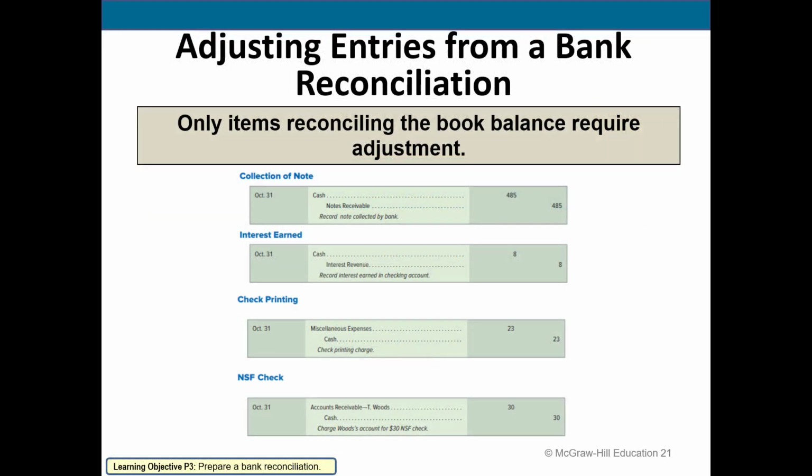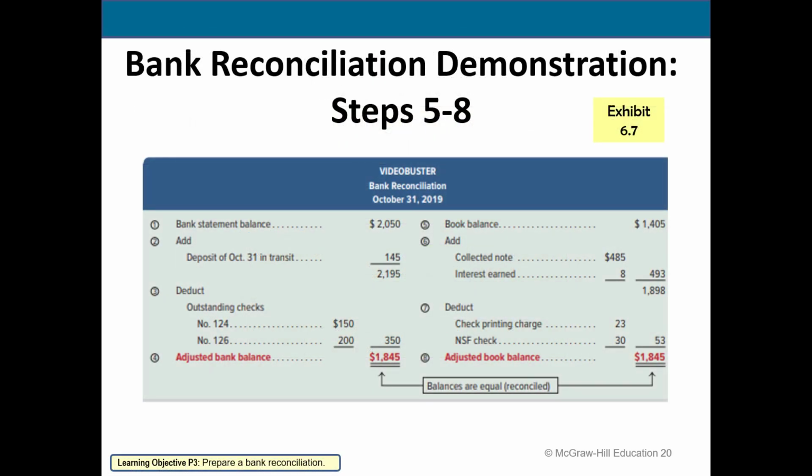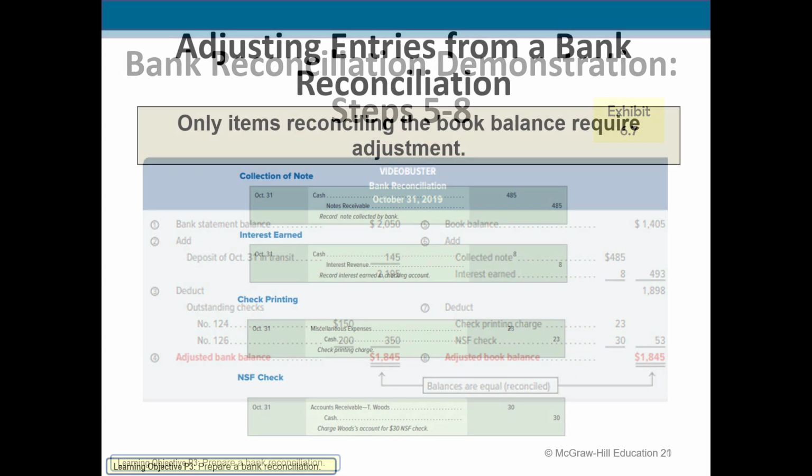Then we have to prepare adjusting entries for any item that we adjusted the book balance for. So we have a note and interest, and then we have the printing charge and the non-sufficient funds check. So we have to have a journal entry, a total of 4, to bring our balance from 1405 to 1845.